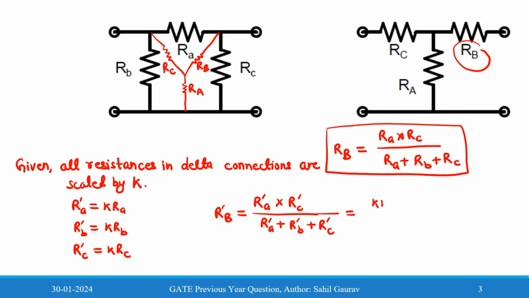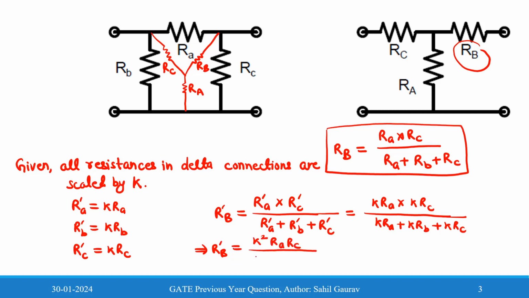So RA dash is k into RA, multiplied with k into RC, divided by kRA plus kRB plus kRC. So RB dash will become k square into RA into RC divided by, taking k common, RA plus RB plus RC.